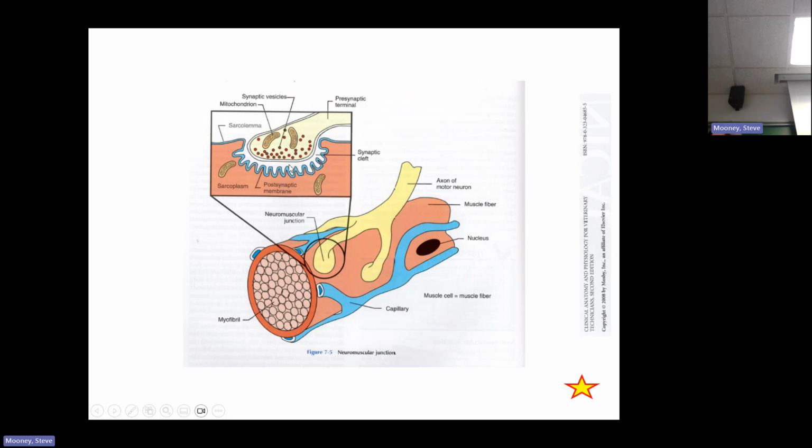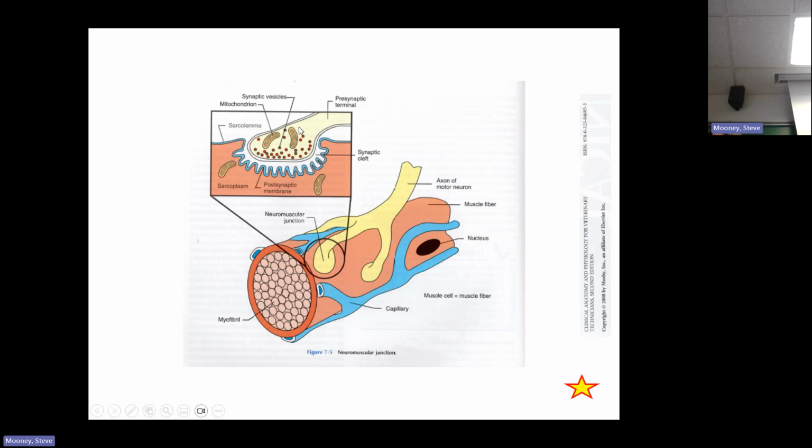So that's a chemical is released. It crosses the gap on the other side. If there's enough of that acetylcholine, it will start another electrical signal that tells the muscle to contract.